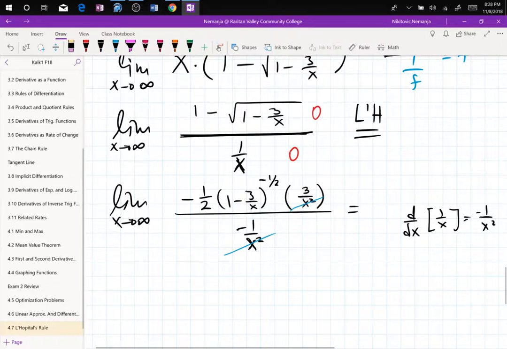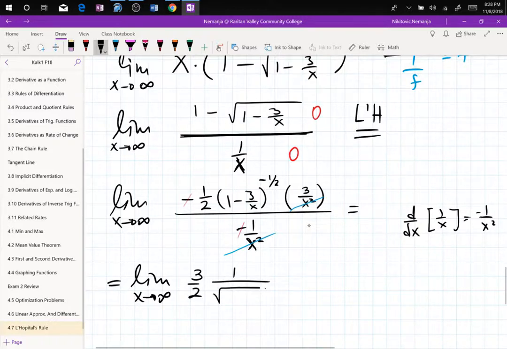Let me do another step. So what's left? Limit as x goes to infinity. The negatives will cancel. I have 3/2 times 1 over the square root of 1 minus 3 over x.